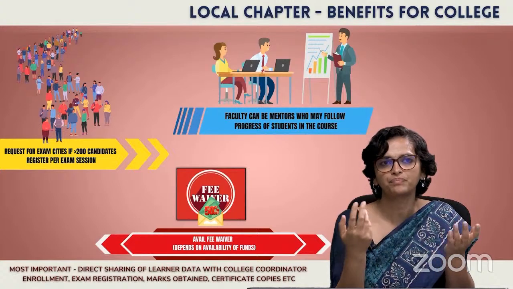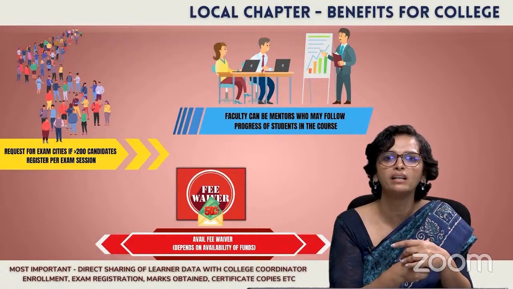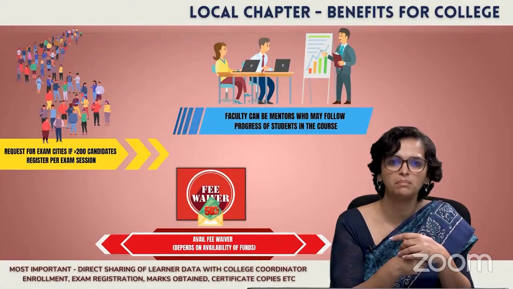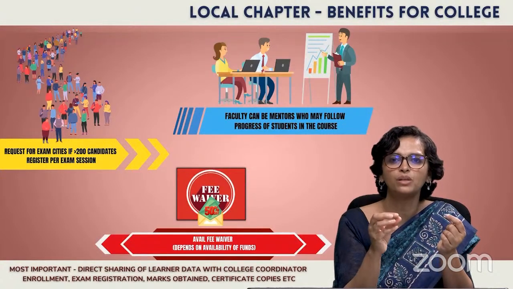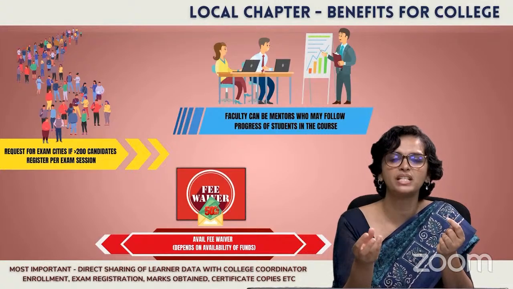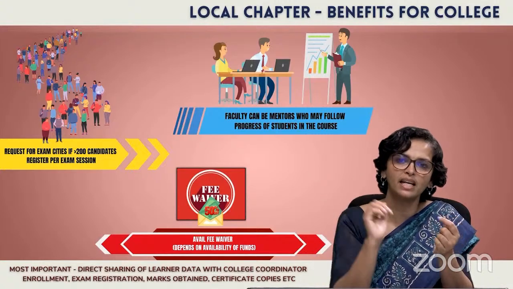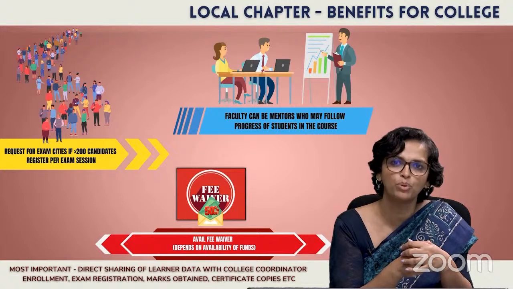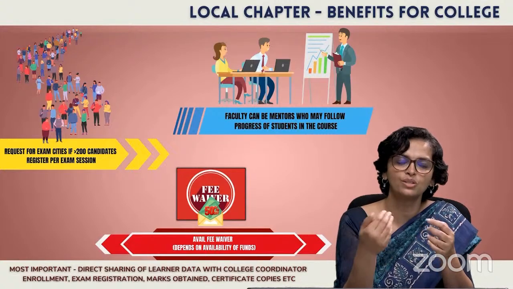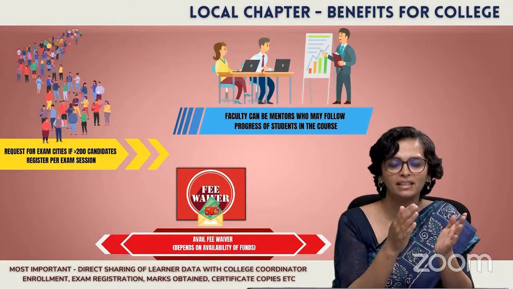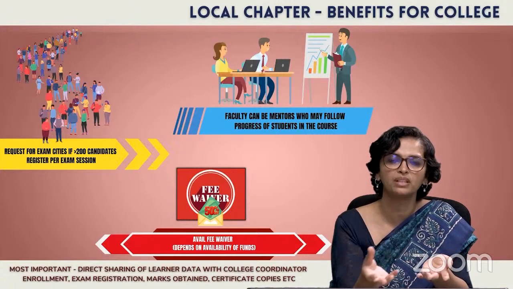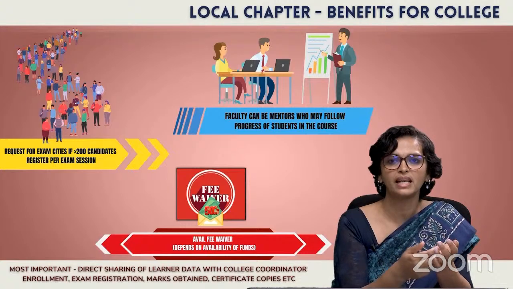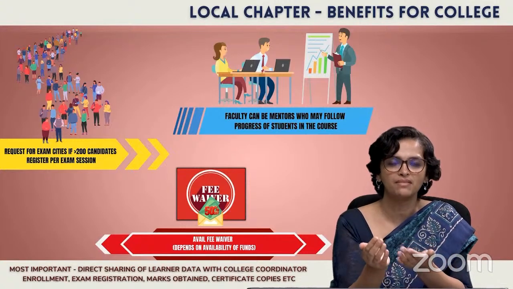So basically, say there are 1000 students who are doing different courses in a particular college. You can put one mentor for say every 20 students or 30 students or 50 students, and you can designate their email ID as a mentor on the Swayam portal. You can ask all your students to tag themselves to the mentor, and the mentor can follow up every week with that group of 30 or 50 students on whether they have watched the videos, whether they have submitted the assignment.